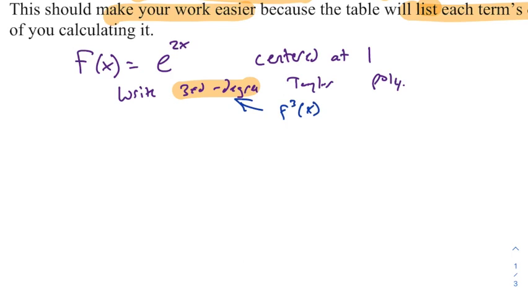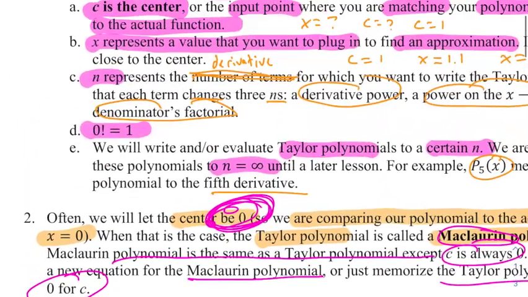Okay, so here's what we do. We just want to do some groundwork first. So we know the function at x is e to the 2x. So then let's go ahead and evaluate that at our center. Okay, so e to the 2 times 1 is e squared. Now, why am I doing that?